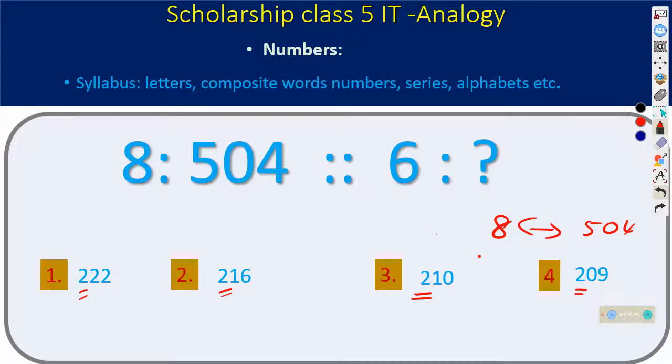That is a question. Eight square is 64. No connection with 504. Right?